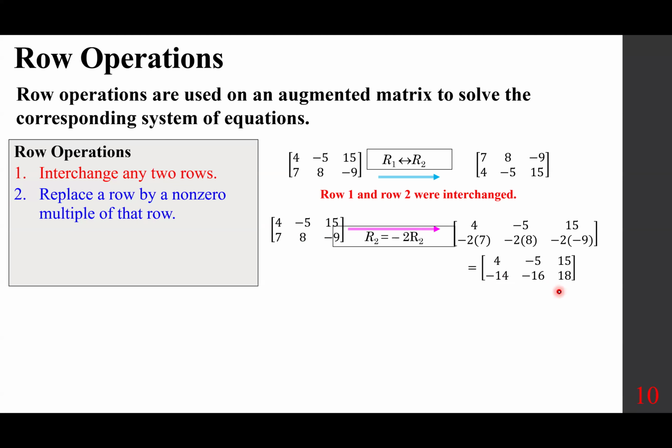It's pretty straightforward. Every entry in row 2 was multiplied by negative 2.